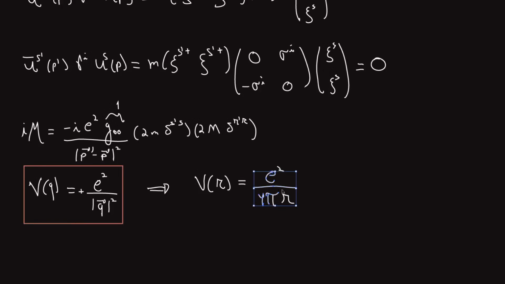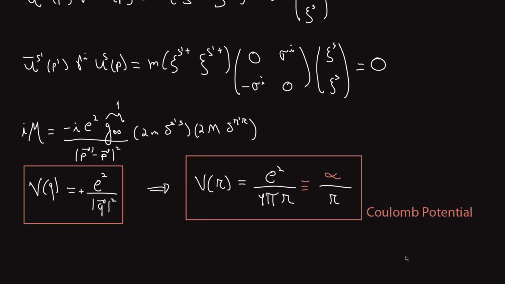In fact, we used to rename this e squared over 4 pi as alpha. It's a very important constant. It's the real coupling constant of QED, right? So this defines this guy, and that's my Coulomb potential, right? Repulsive, right?